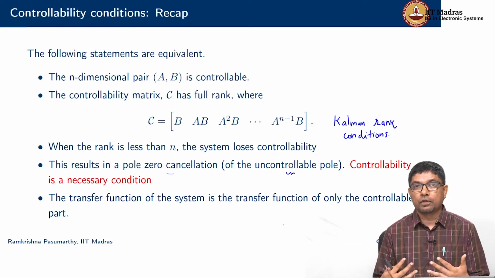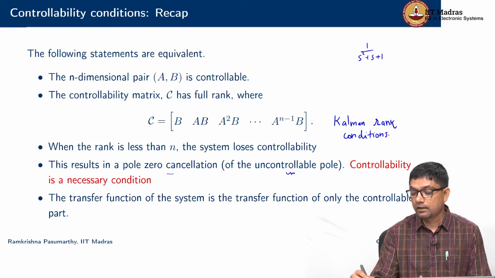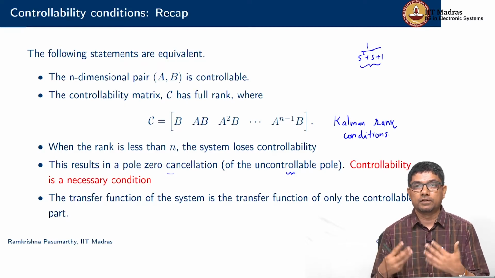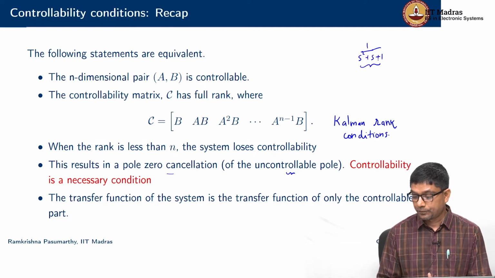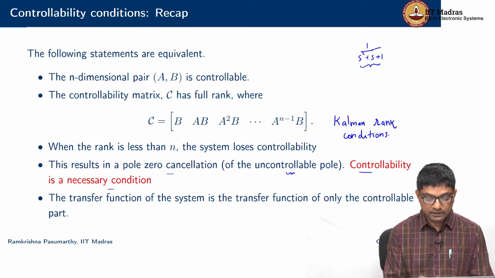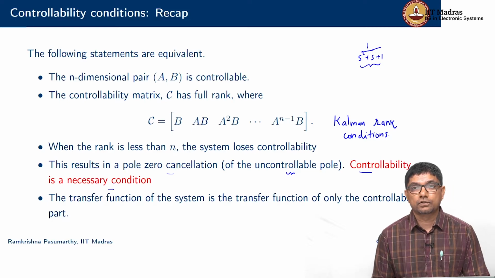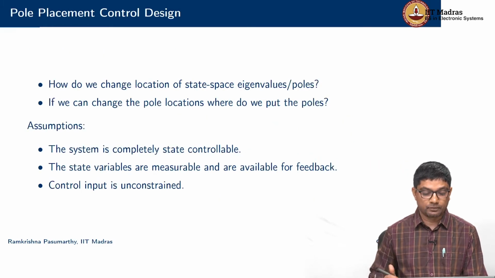If I have a transfer function of the form s square plus s plus 1, I can only control these poles, right? I cannot control the uncontrollable ones. So, what shows up in the transfer function is only the controllable part, and therefore, controllability is a necessary condition for pole placement. What we also saw with the help of examples was that the transfer function of the system is the transfer function of only the controllable part.